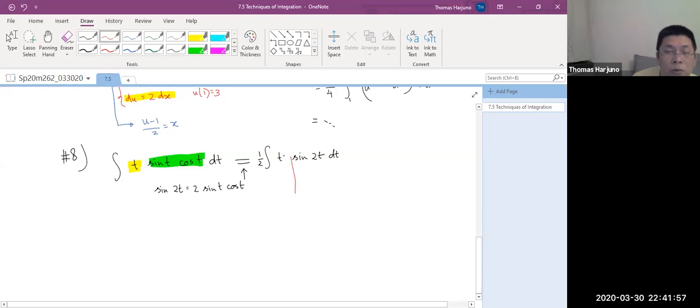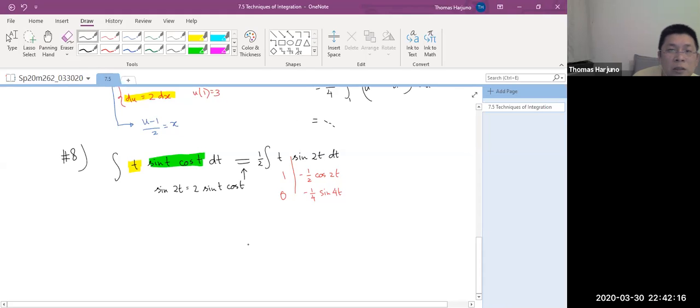Like you know, I tend to use the tabular method. This is 1, 0. The integral sign is negative 1 half cosine 2t. This is negative 1 fourth sine 2t.